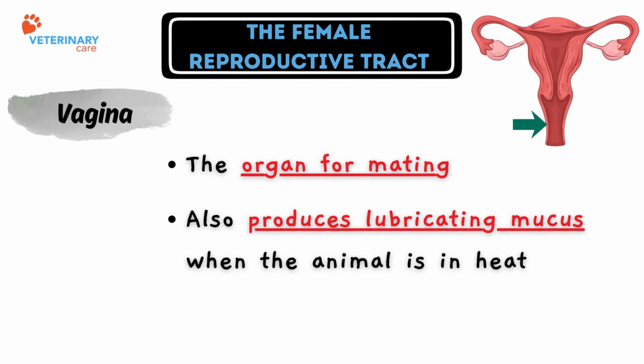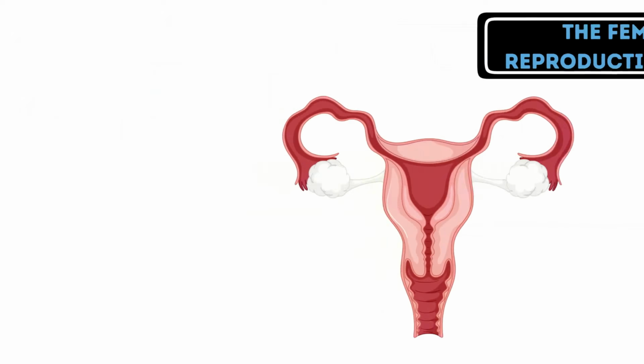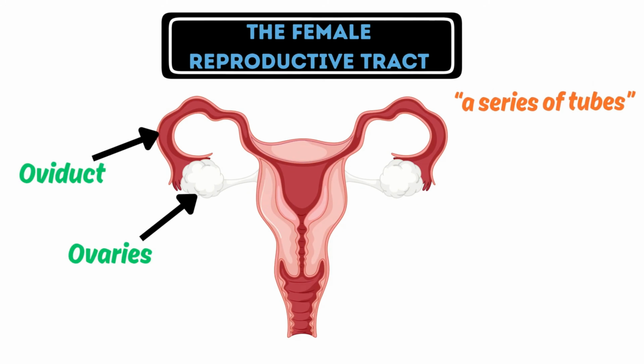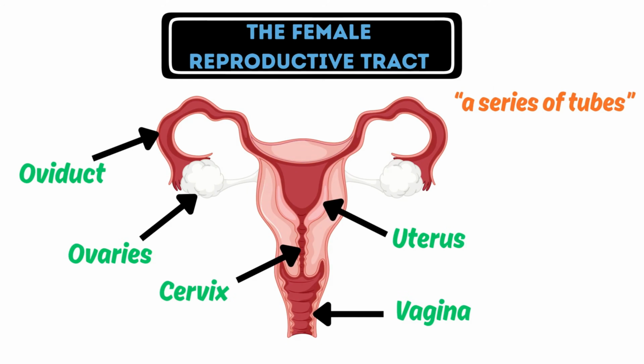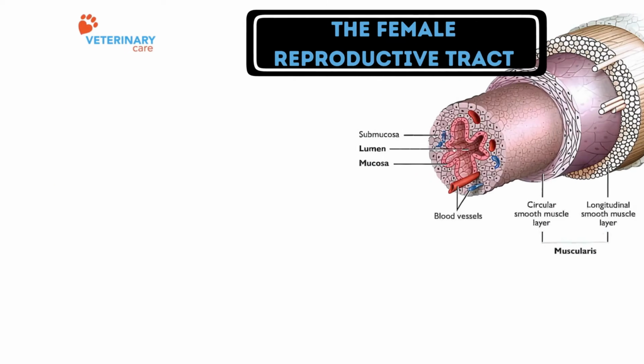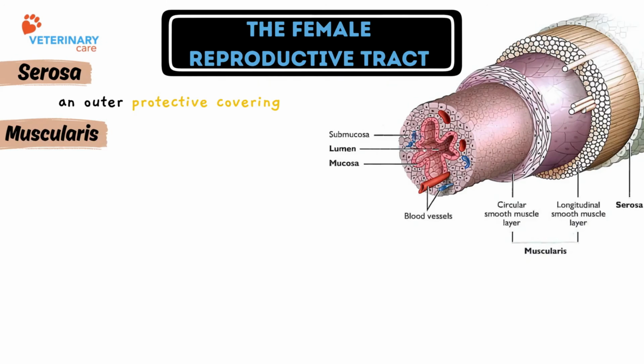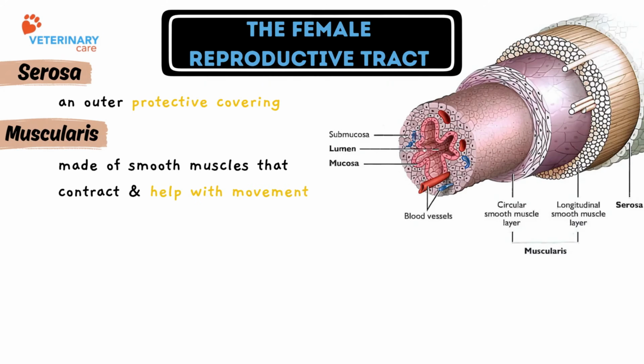Now, if we look more closely, the female reproductive tract can be thought of as a series of tubes, like the oviduct, uterus, cervix, and vagina. All of these tubes have the same 4 layers. On the outside, there is the serosa, a protective covering. Just inside, we have the muscularis, which is made of smooth muscles that contract and help with movement.